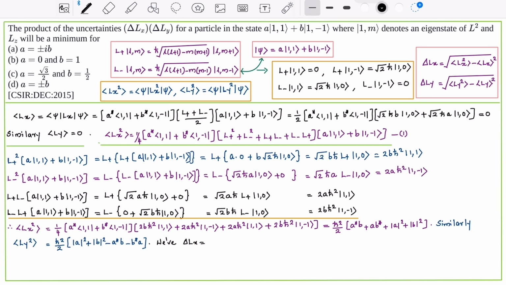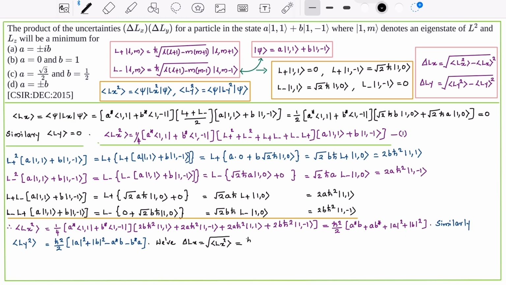Now let us find delta Lx and delta Ly. We have the expectation value of Lx equal to 0. Therefore, delta Lx is nothing but the square root of the expectation value of Lx square. We have evaluated the expectation value of Lx square.